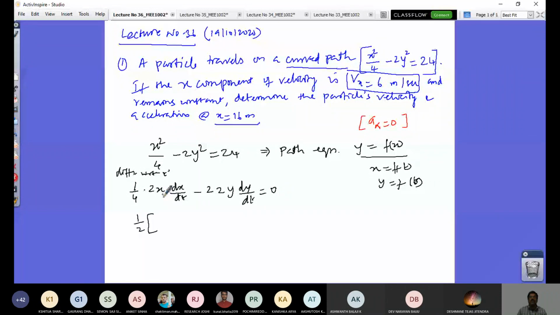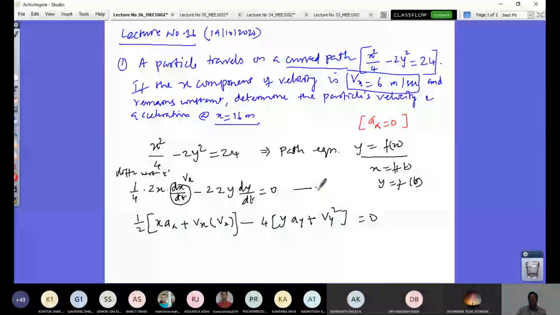So x into, what is this? dx by dt is vx, so that's going to be ax plus vx into vx, because dx by dt is vx, minus 4 into y into ay, because d squared y by dt squared is ay, plus dy by dt into this, so vy squared. That's going to be equal to 0. So this is equation 1 and this is equation 2.